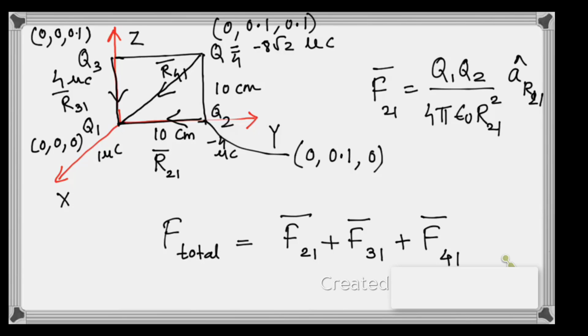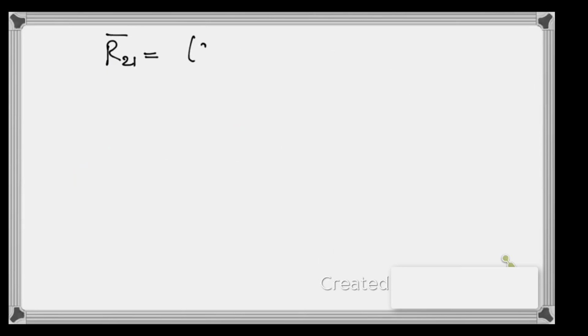After knowing the coordinates we can subtract each and every coordinate and find the distance vector. For r21 we are going towards q1, so subtract the coordinates of q2 from q1. So R21 is 0, 0, 0 minus 0, 0.1, 0.